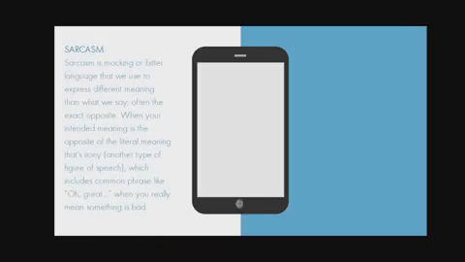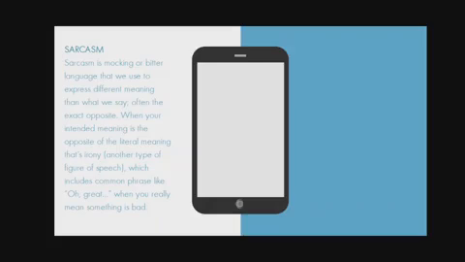Let me define the word sarcasm. Sarcasm is mocking or bitter language that we use to express a different meaning than what we say. Often the exact opposite, when your intended meaning is the opposite of the literal meaning, that is called irony.